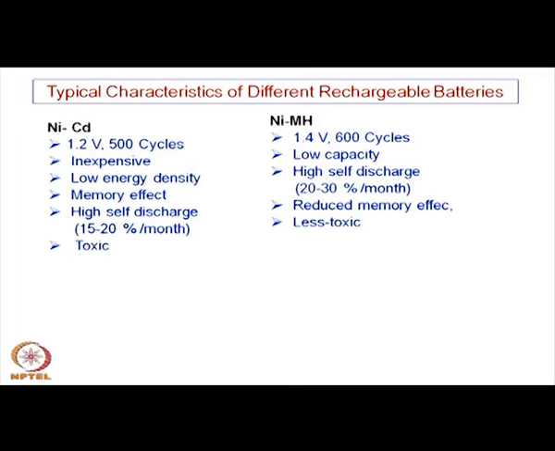Although the materials are the same, the preparation condition and the morphology of the system do change some of these parameters. The life is about 600 cycles, low capacity, high self discharge. Once again, it is much higher. The rate of self discharge is about 20 to 30% per month. So, that is another disadvantage for this battery. Reduced memory effect and less toxic, because it is not cadmium or lead.